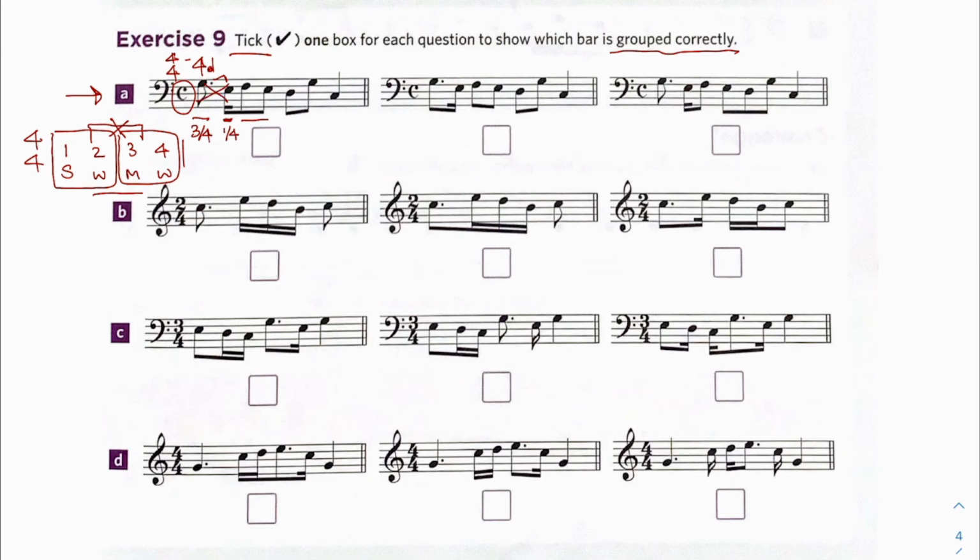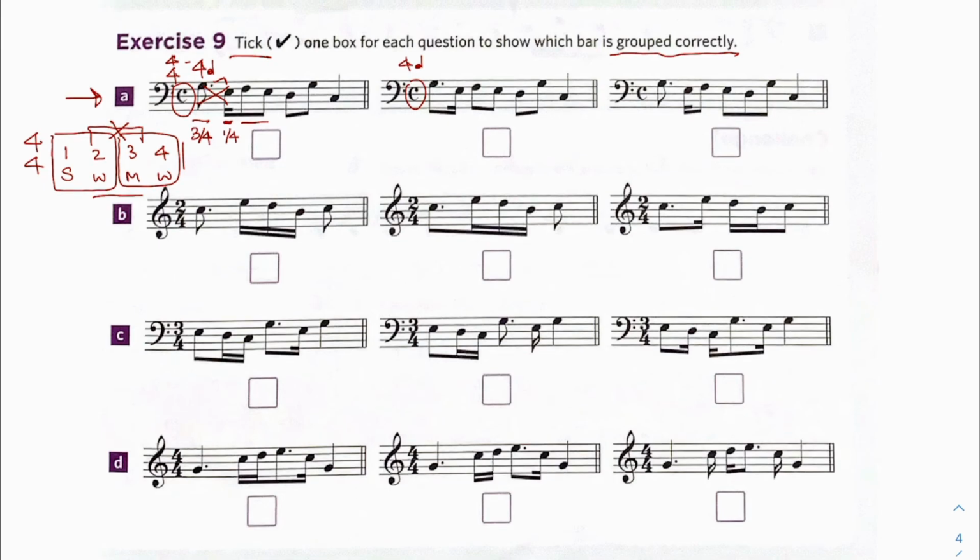Let's take a look at the second bar. Again, we are in common time, so we have 4 crotchet beats in every bar. Basically, the notes and rhythm in every bar is the same. It's just the notes are not grouped in the same way. So here we have this, which is a dotted quaver together with a semiquaver.